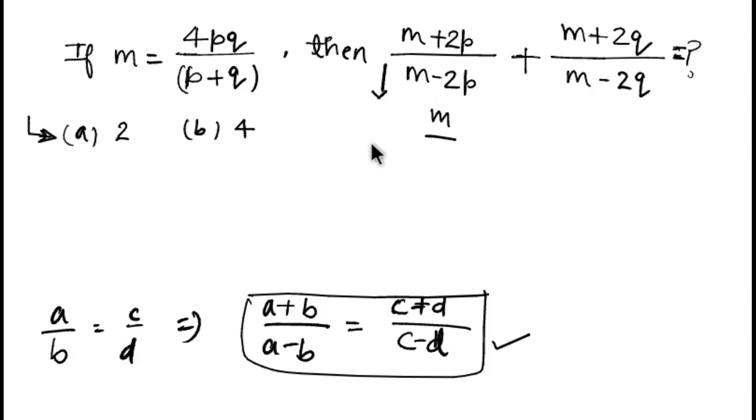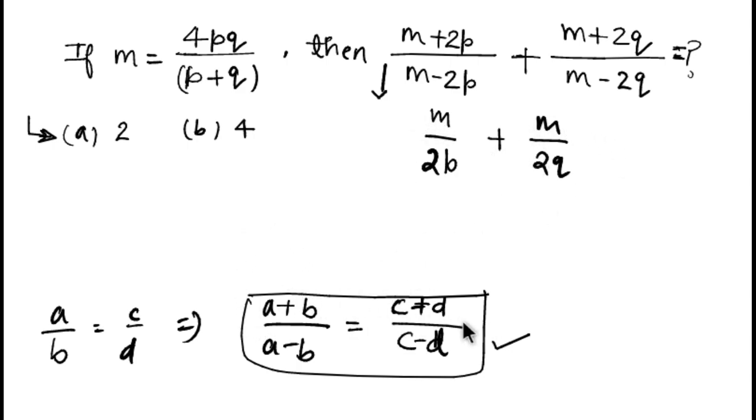In the same manner, I can write a plus b over a minus b as a by b, meaning m by 2p. And this other term is like m by 2q, so I can again write it as m by 2q by componendo and dividendo.